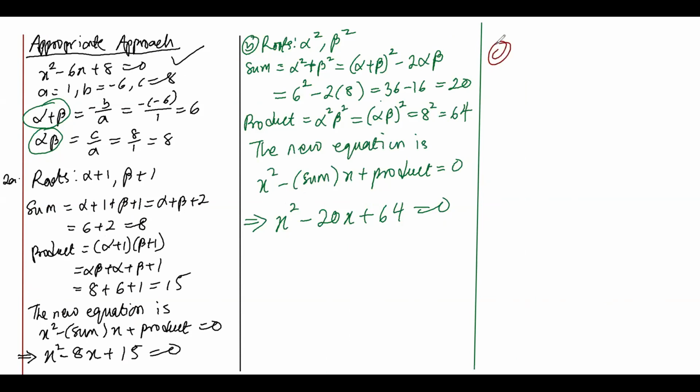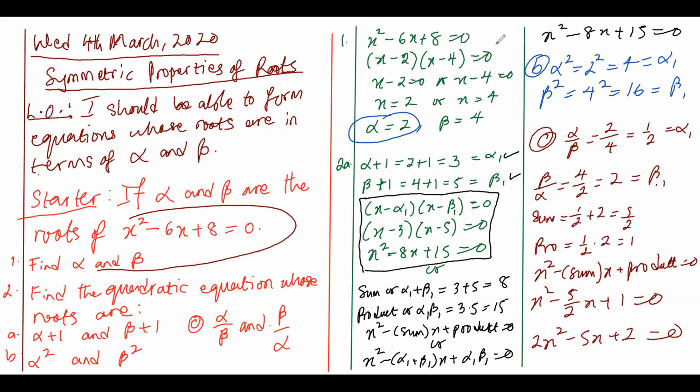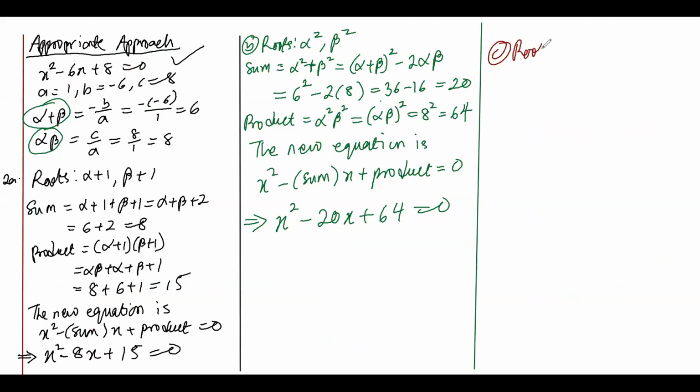For C, I believe everybody can see the screen and nothing is obstructing. All right, so C: alpha over beta, beta over alpha. So the roots in this case are alpha over beta and beta over alpha.